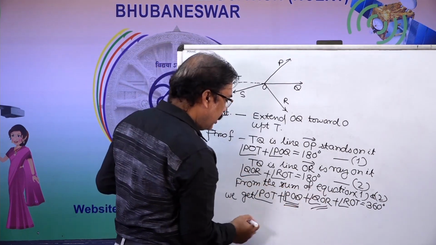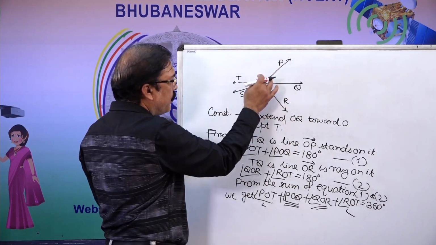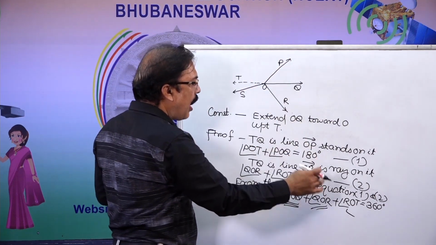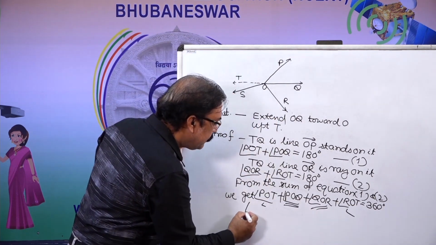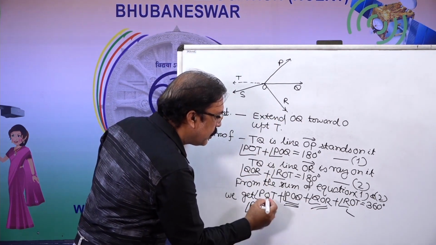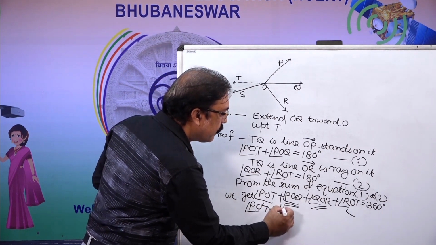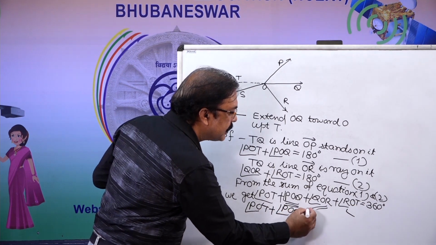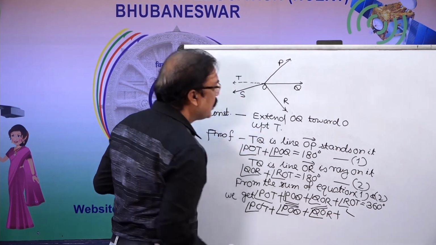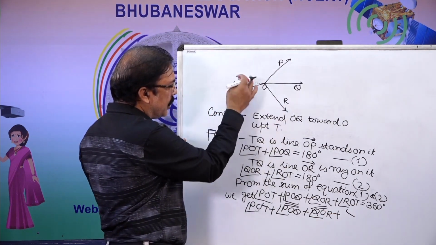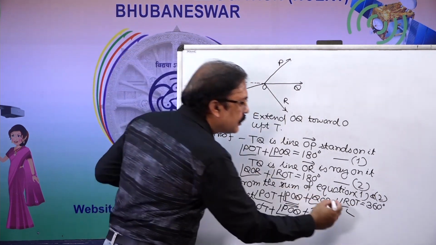Now you see POT and ROT. What is POT and ROT? POT is as it is plus POQ is as it is, QOR is as it is, plus, but ROT can be written as ROS plus TOS.